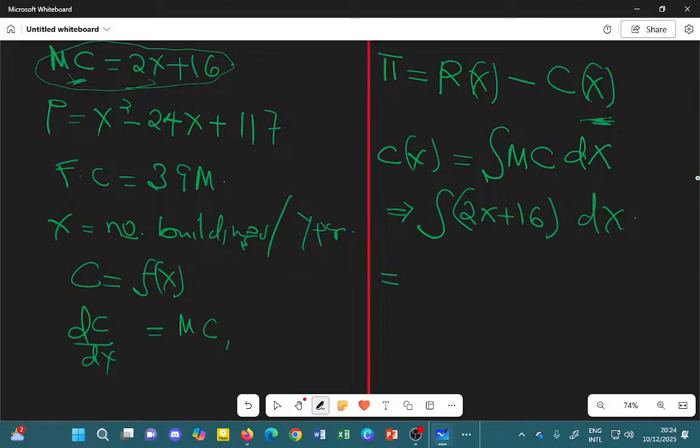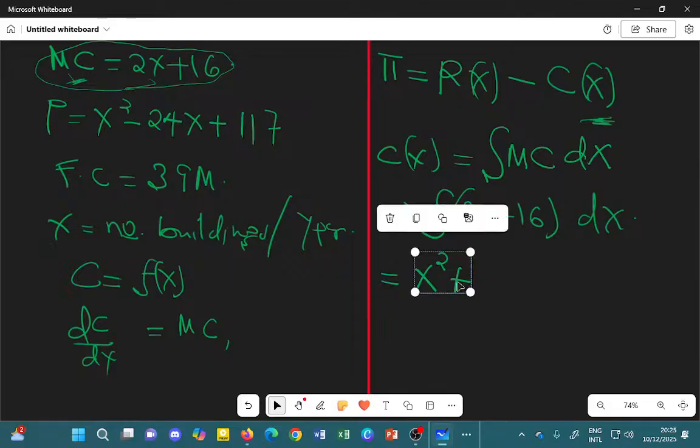We have x to power 1, so plus 1, it will be x squared, divided by 2, so the 2 cancels. So here we just have x squared. So I have here x squared plus 16x.